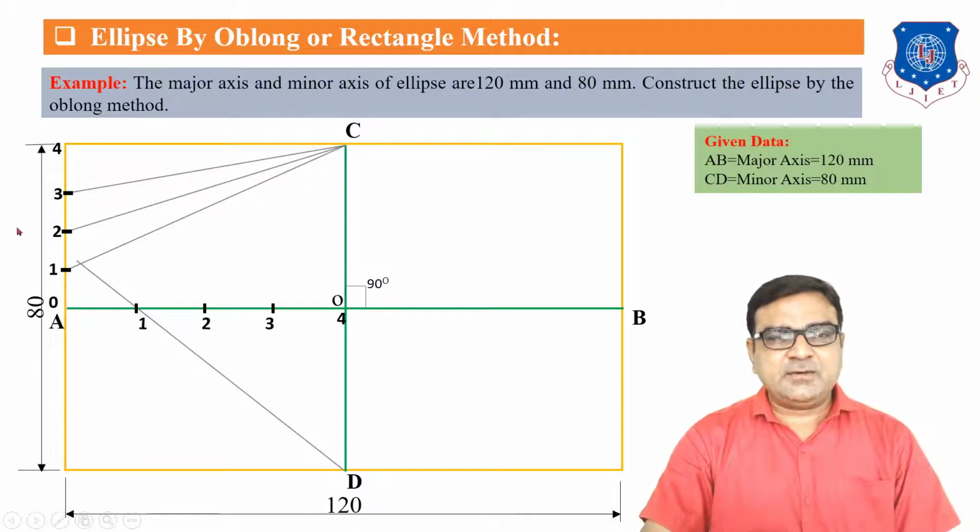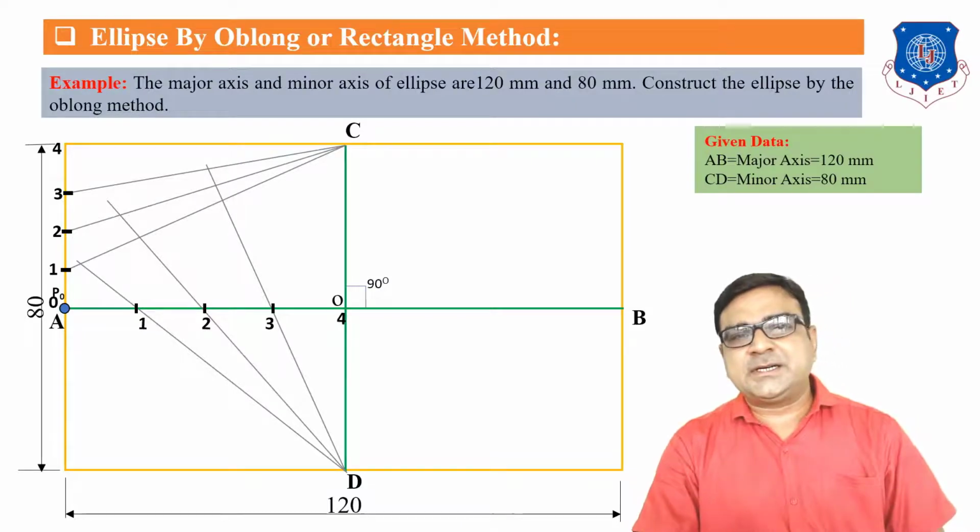So D1 and C1 intersect at a point, which is a point of the ellipse. For another point, draw a line from D2 and C2 intersect at this point. D3, C3 is one point of the ellipse.